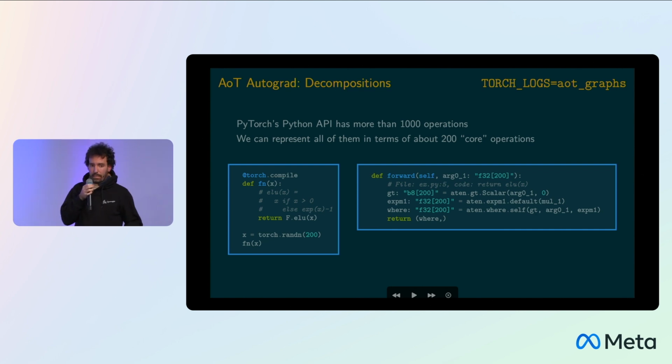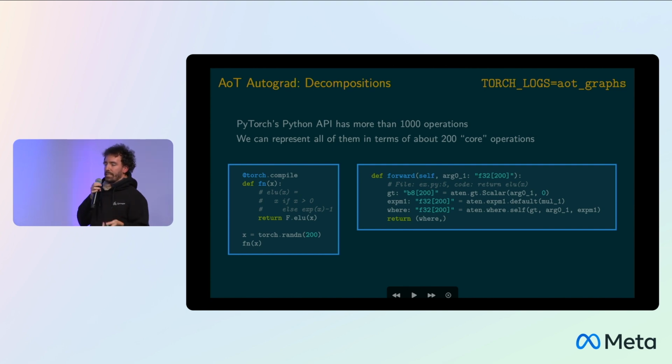And then the compiler just needs to know how to handle those 200 operations. In this case, we see the decomposition over there, and on the right we have another FX graph that also has types and sizes, that calls these aten functions: gt for greater than, expm1, a C++ function that computes exponential minus 1, and where, which is the backend for torch.where.